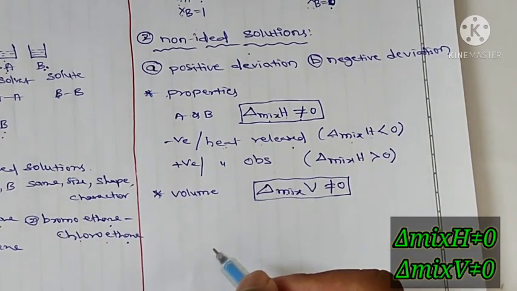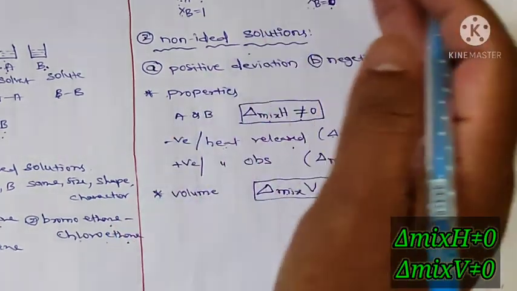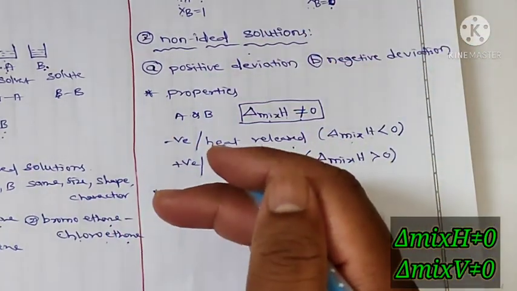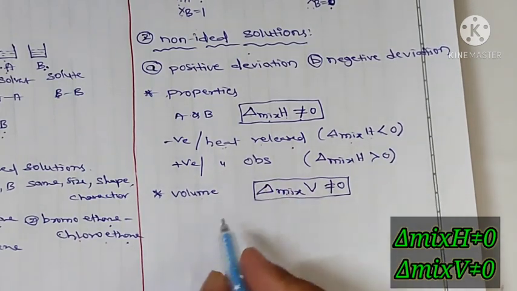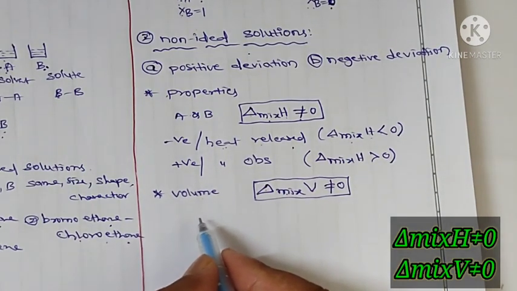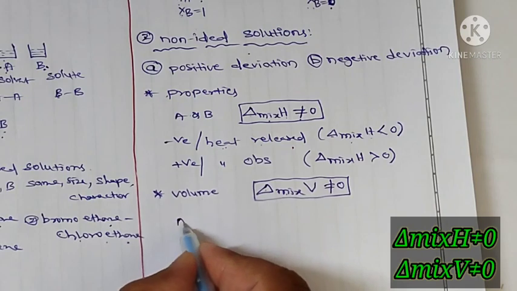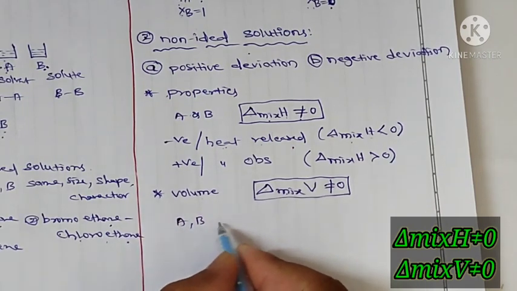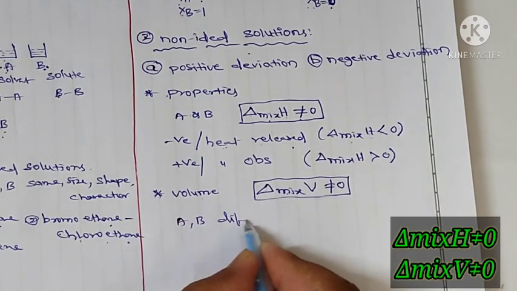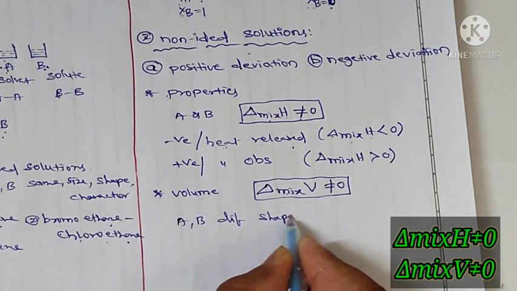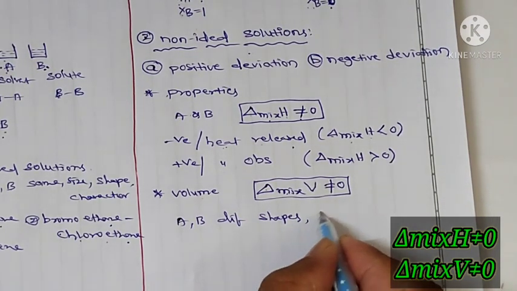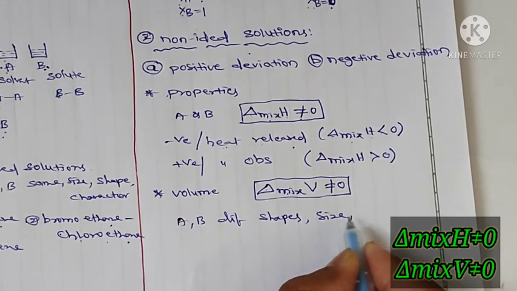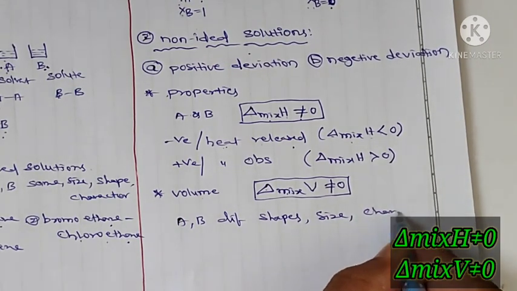So there will be some expansion or compression in the dissolution of liquids because components A and B have different shapes, size and character.